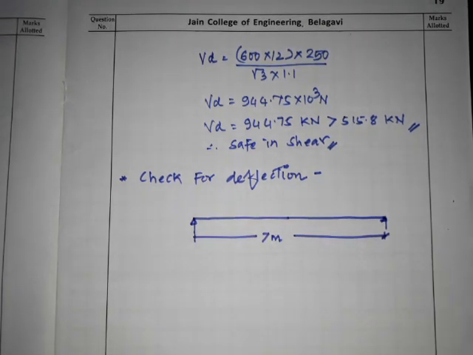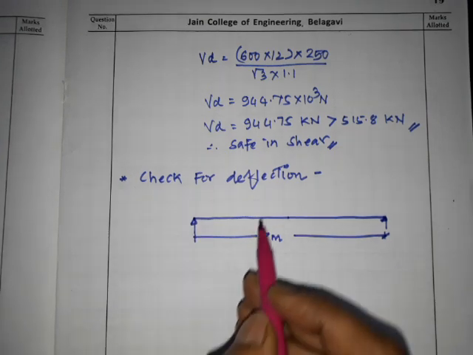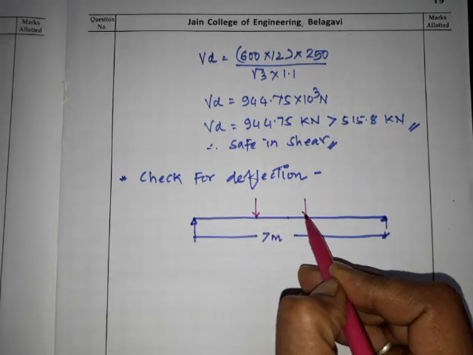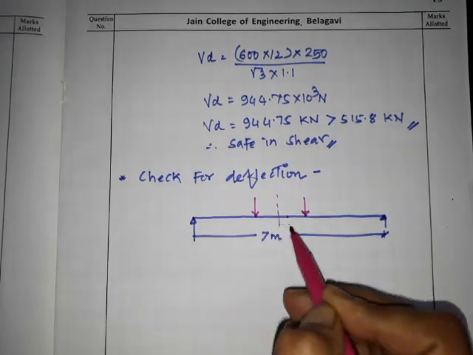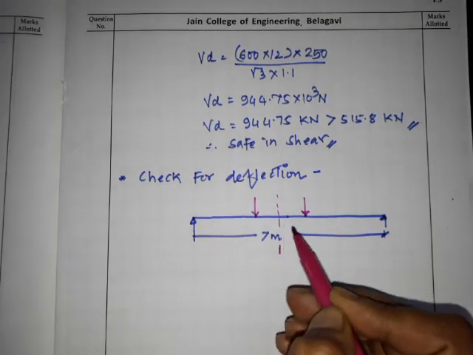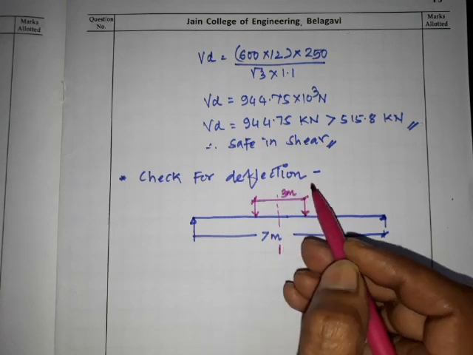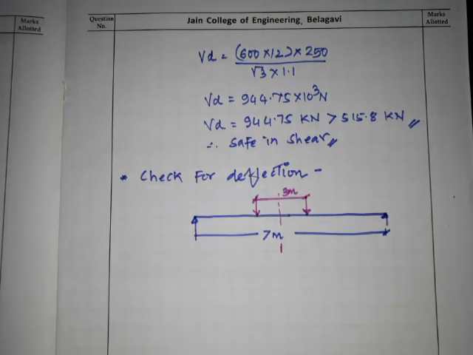So when will the deflection be maximum? The deflection will be maximum in the center, when the two wheels will be exactly in the center of the gantry girder. So this will be 3 meter. Okay, two wheel loads exactly in the center. So at that time we will get the maximum deflection.